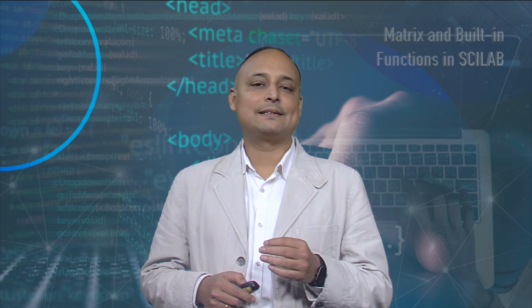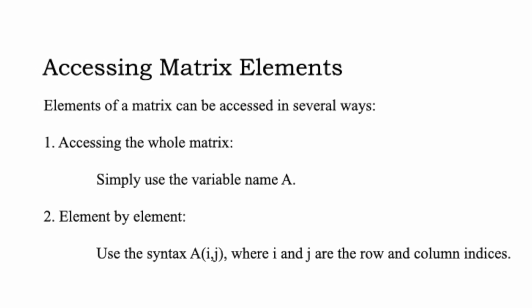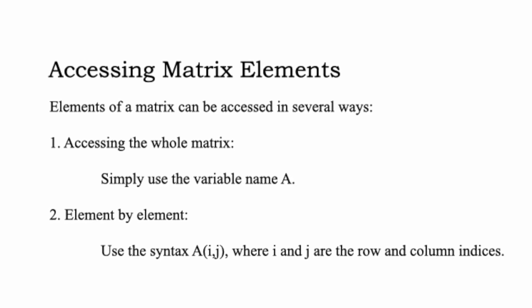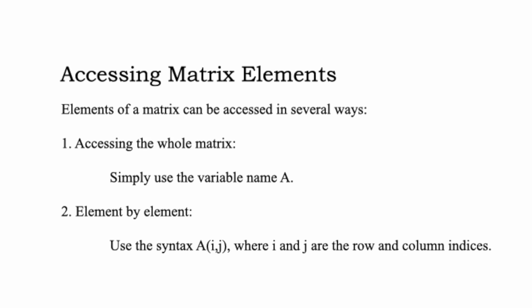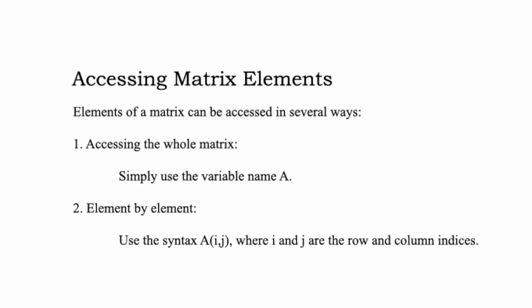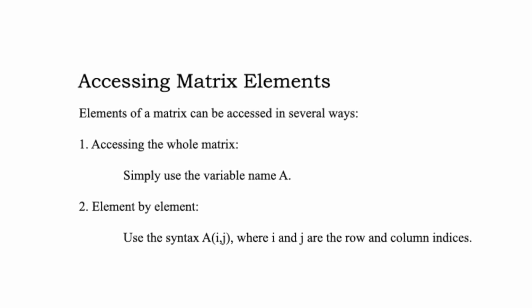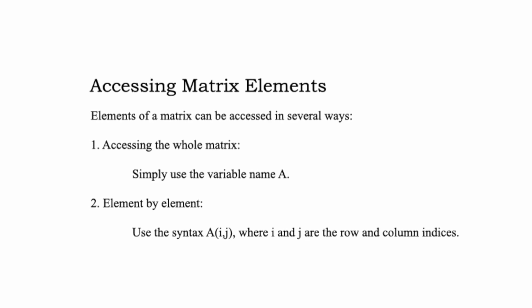Dear learner, let us see how to access the elements of a matrix. Elements of a matrix can be accessed in several ways. To access the whole matrix, simply use the variable name A. Use the syntax A(i, j), where i and j are the row and column indices.